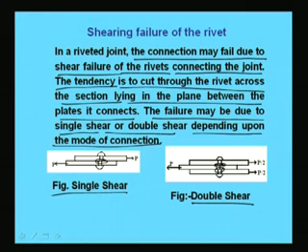So, how the plates are connected, according to that the failure will happen. Type of failure will be dependent on the mode of connections, how the plates have been arranged for the connections. On that basis the failure will be decided.